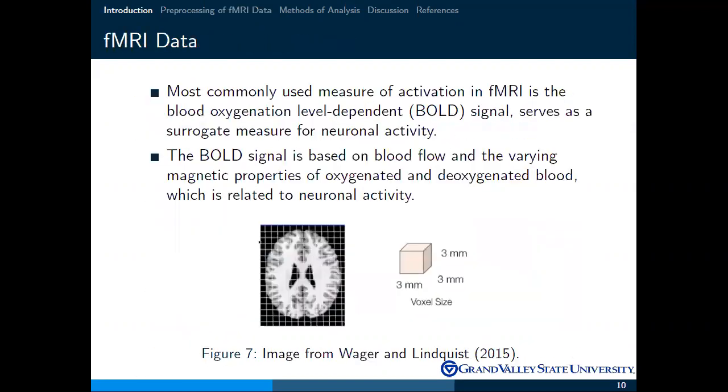Some being, for example, when you collect the data, you have all these measurements at each voxel in space. Sometimes the measurements can be quite erratic, so you might get quite extreme values. Like when I looked at what they called DVARs in the pre-processing pipeline, but it's essentially z-scores, standardized values of these voxel measurements across time.